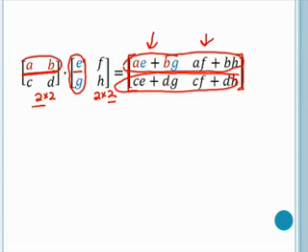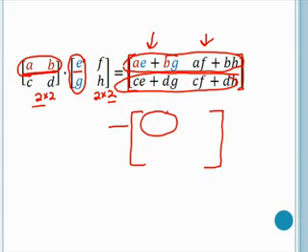To get this element, which is situated in the first row, first column, we multiply the elements in the first row of the first matrix times the elements in the first column of the second matrix. Notice that we have 2 elements here, A and B, and then we have 2 elements here, E and G. So you multiply the A times the E, and you add the B times the G. That's what this matrix up here is telling you.